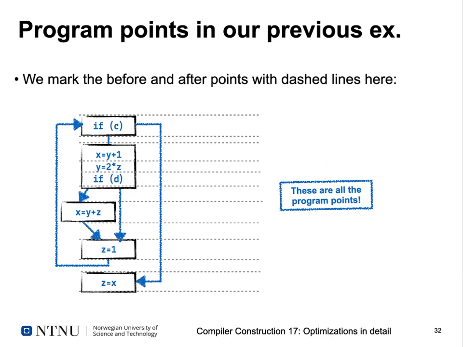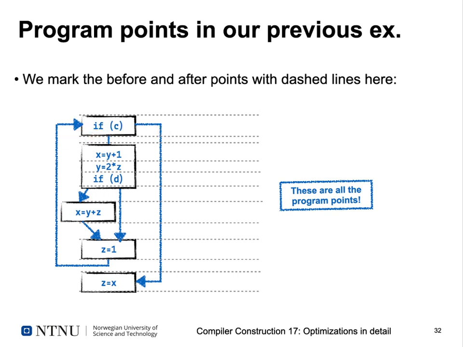So let's take a look at our previous example for which we have constructed our control flow graph. Using these dashed lines here, we mark all the before and after points. For example, we have a before point before we enter this if condition here, and we have another program point after it.